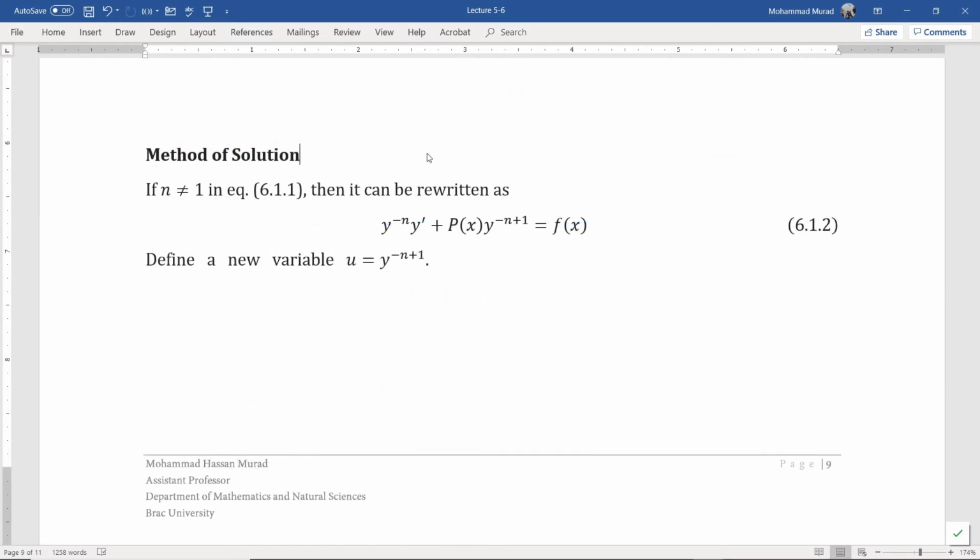Method of solution: if n is not equal to 1 in equation 6.1.1, then it can be rewritten in this form, just by dividing the equation through the quantity y to the n, as shown in equation 6.1.2. Now we define a new variable u by u equals y to the negative n plus 1.